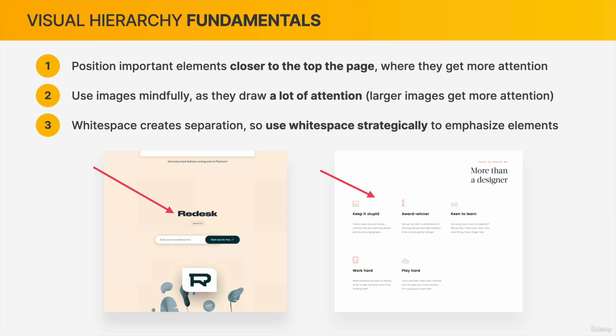So on the left especially, there is a ton of whitespace basically around this sign up form, while on the right side, there is a huge amount of whitespace between the 2 rows and also really around these 5 feature blocks. Now, I don't mean, of course, that you should always surround everything with this much whitespace. Just follow the rules that we learned previously about whitespace and you're going to be fine. The point here is just that we can use whitespace strategically in order to make important elements stand out.